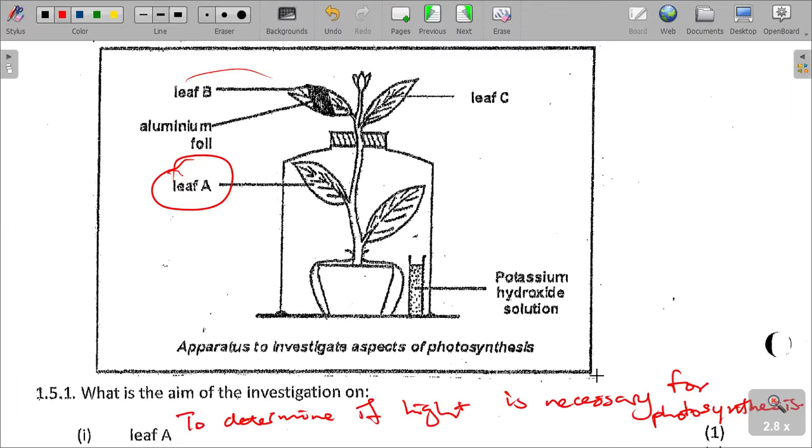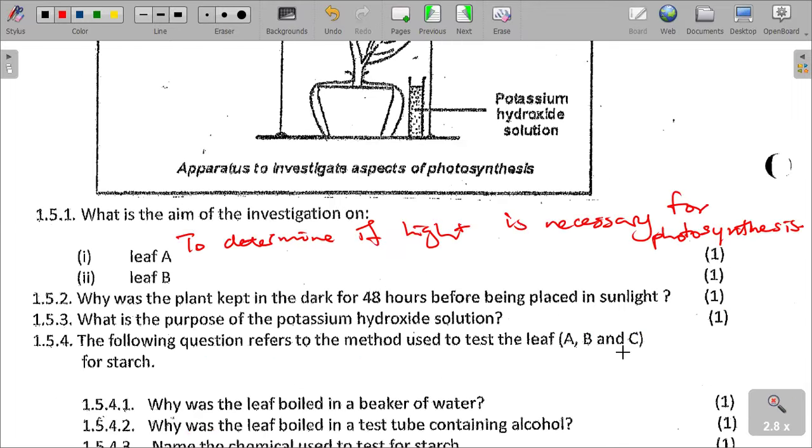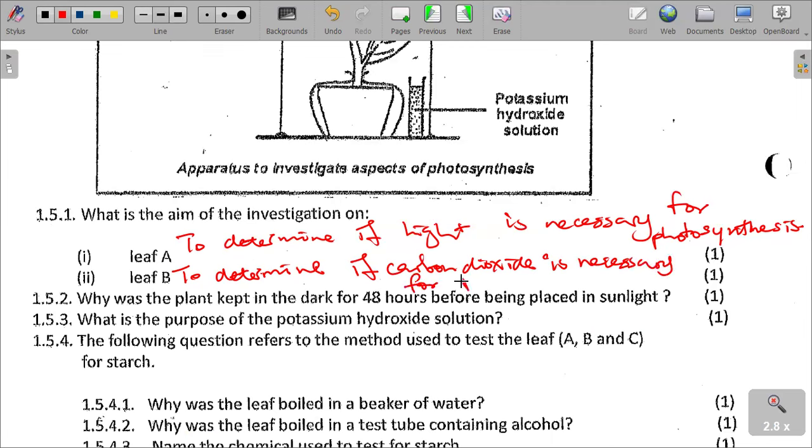The aim for leaf B is to determine if carbon dioxide is necessary for photosynthesis.